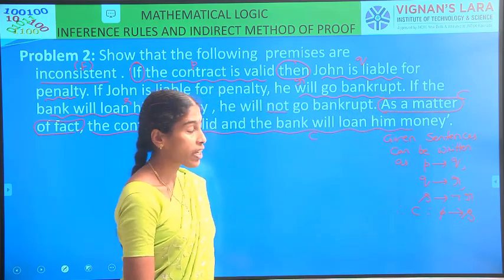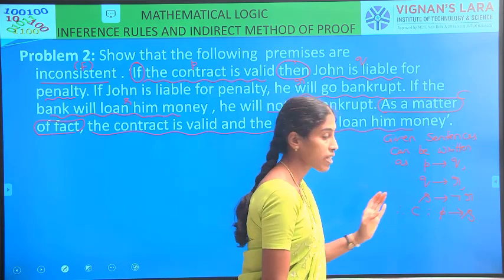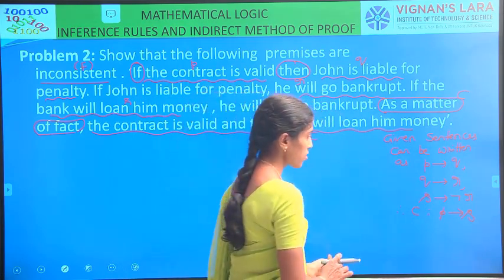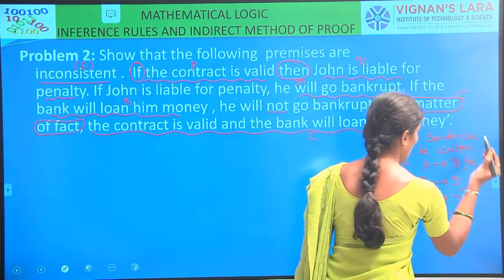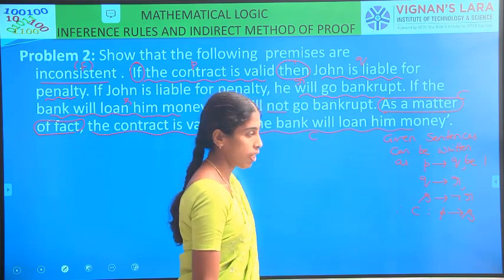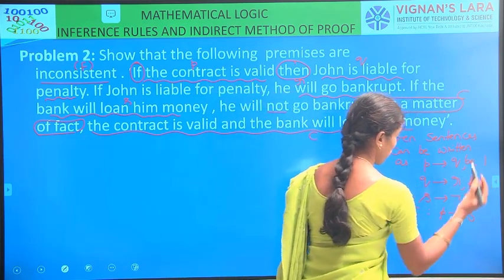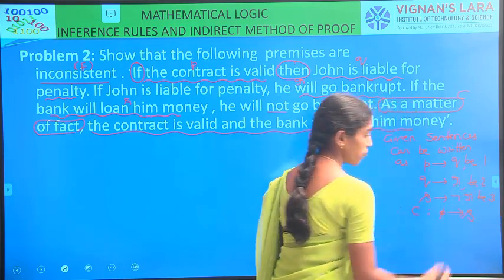Right? So we are converting the given sentences into a set of premises. We denote these premises by numbers. So I am giving P conditional Q as 1, Q conditional R as 2, S conditional negation R as 3.